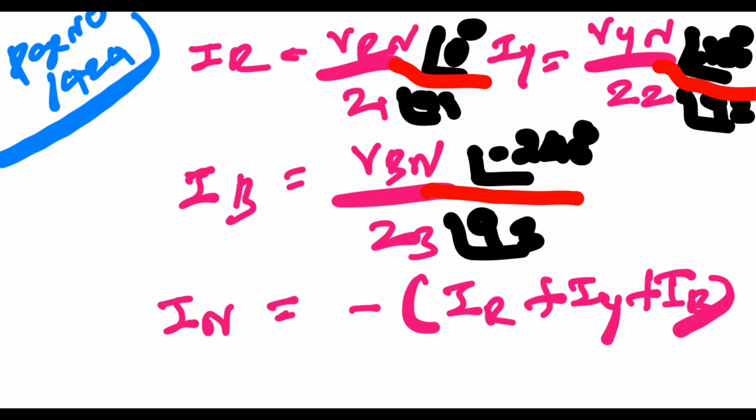In these calculations, angle is very important. IR is VR angle of 0 degree divided by Z1, IY is VY angle of minus 120 degree divided by Z2, IB is VB angle of minus 240 degree divided by Z3.